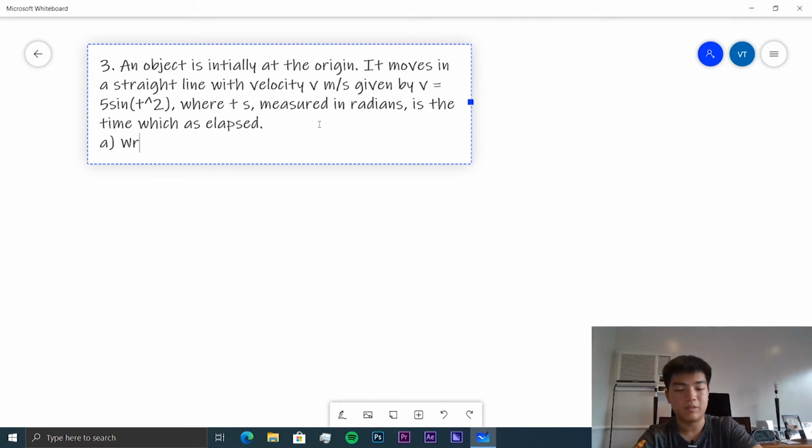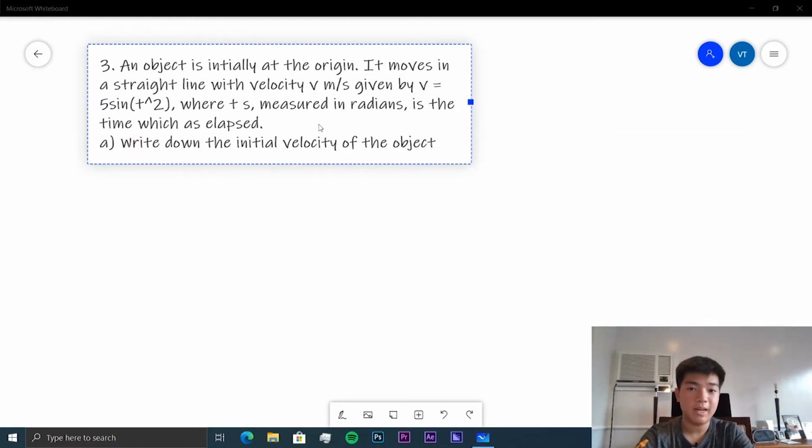So first, write down the initial velocity of the object.